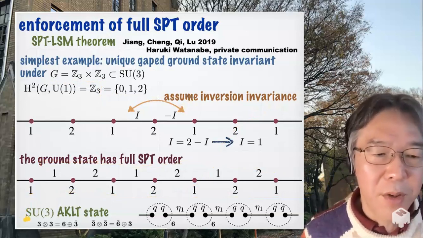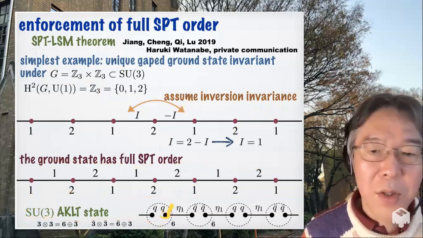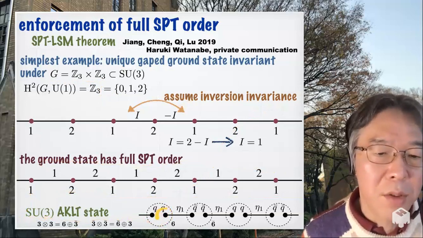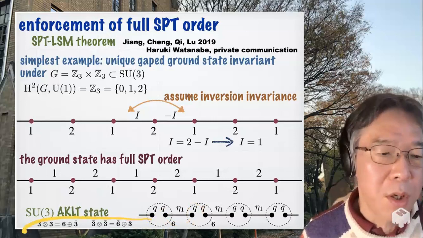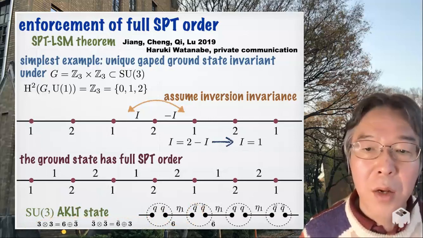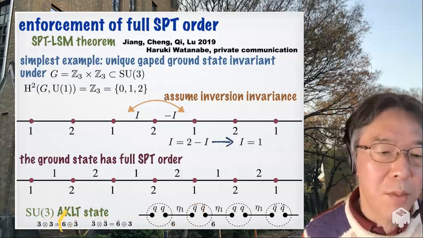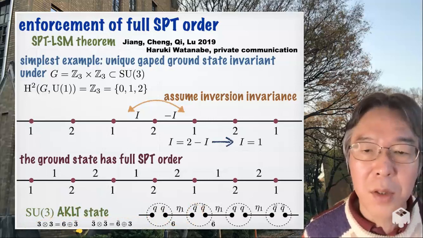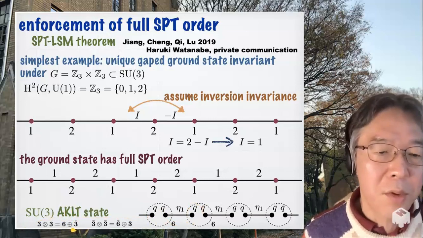This is, of course, a very artificial state. Here, Q denotes the three-dimensional fundamental representation of SU3. Q bar denotes the conjugate representation. And here you have two Qs. So you have two fundamental representations, and this is decomposed into the six-dimensional representation, which is symmetric, and the anti-symmetric three-dimensional conjugate representation.